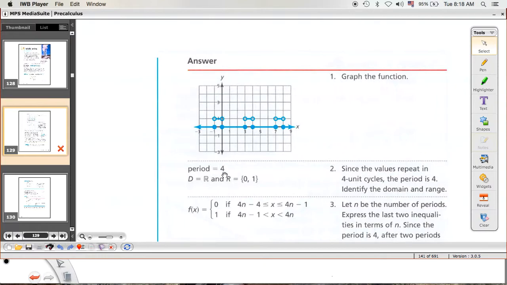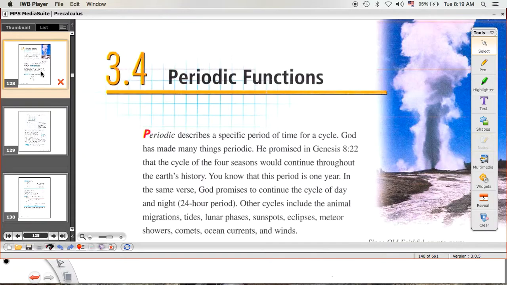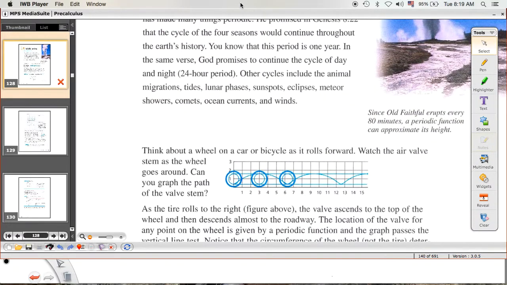Now, our domain is all real numbers because we're using all the x values. And our range, of course, is just 0 and 1 because that's the only y values that we have. Now, it's a 4-unit cycle, so we want to see if we can write it a little bit easier than the way we had it, down here.